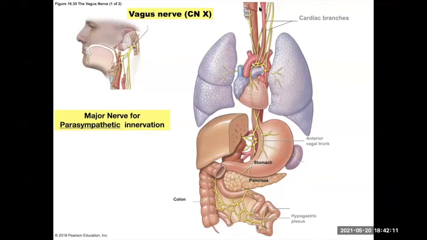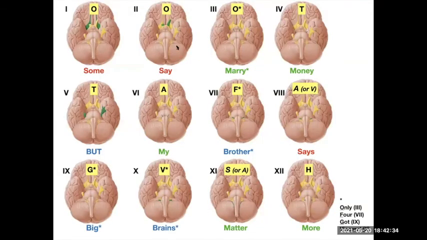It's up in your medulla, but its axons go down and innervate things like your bronchioles, your heart, your stomach, and stuff like that. So your vagus nerve is a major parasympathetic player, and we'll get back to it when we talk about the autonomic nervous system. It's another very important cranial nerve. Those are just a couple of key examples.